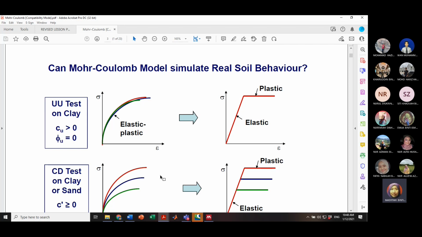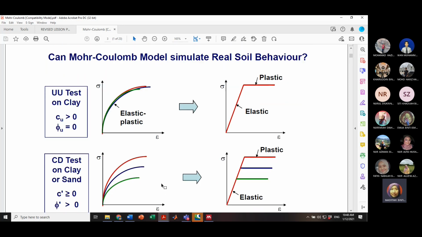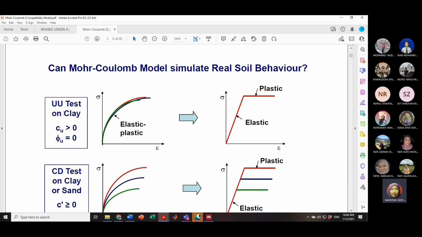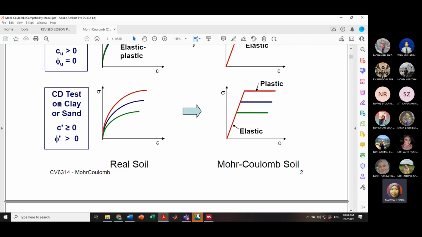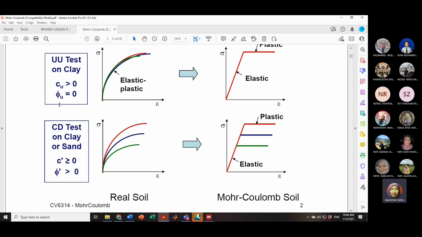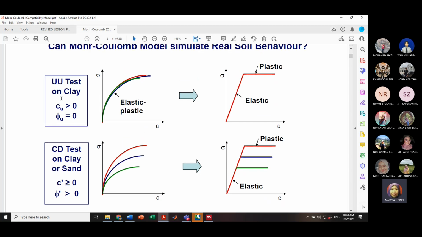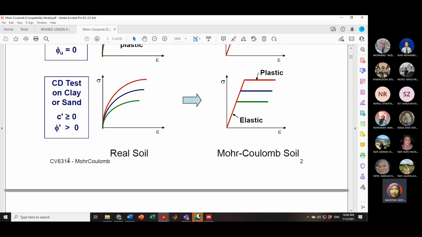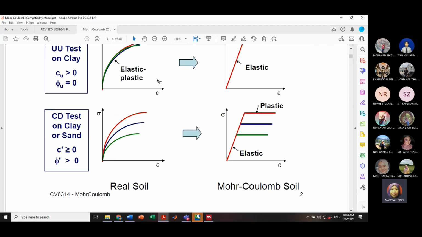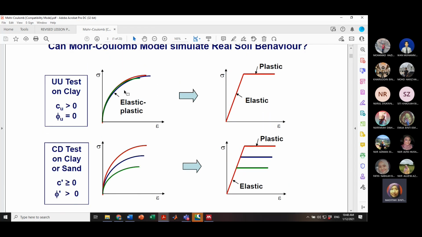Other than that, just to refresh this, if we want to simulate the behavior of the material for undrained UU, then consolidated drained, it shows what exactly the behavior of the soil is for different stresses. For UU, it is assumed they will fail on the same line.